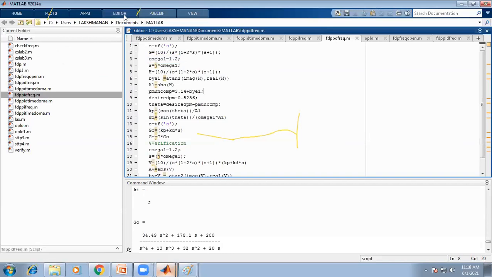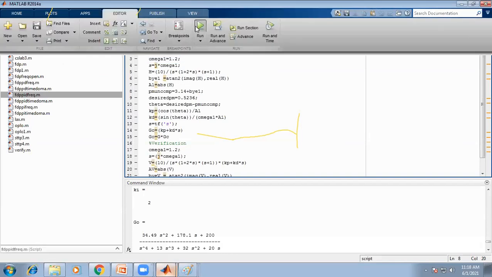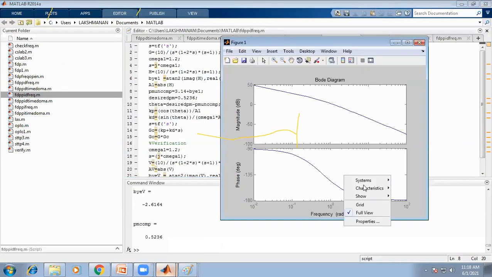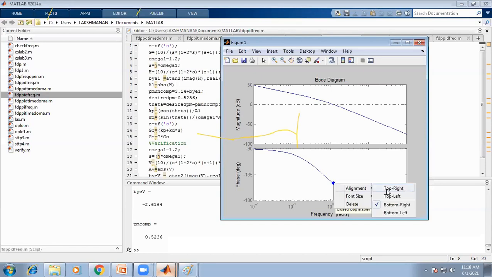So now I'm executing this program. 30 degree, then 1.2. So 30 degree is our given phase margin. Then omega 1, 1.2 is our given spec.